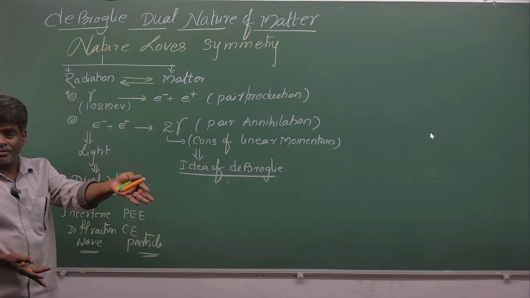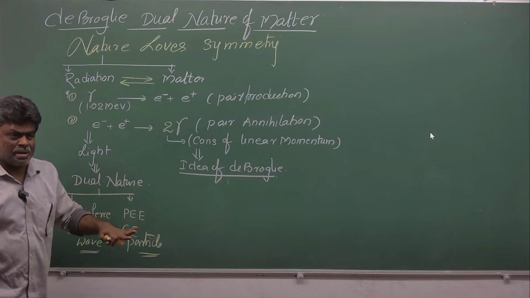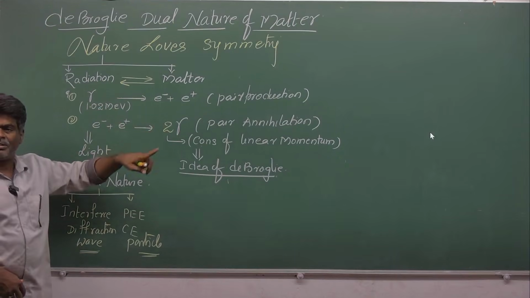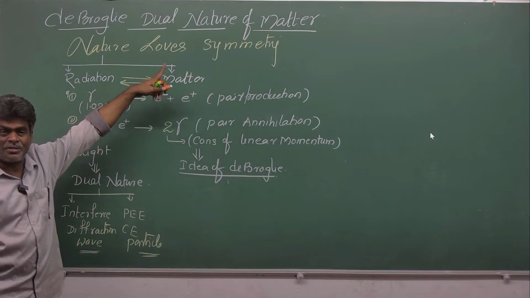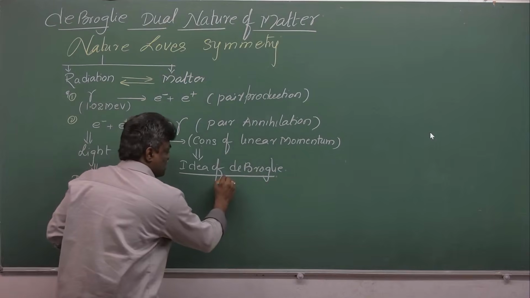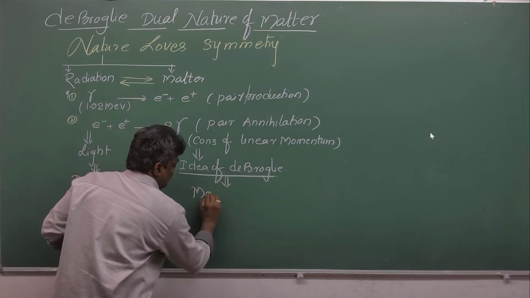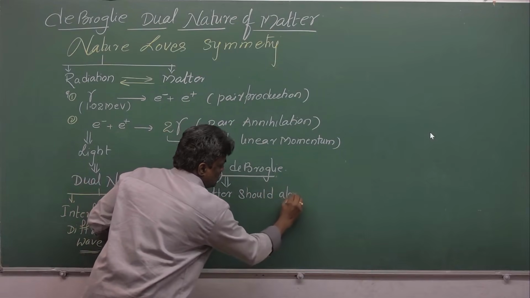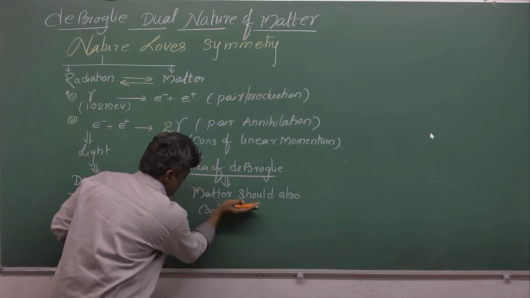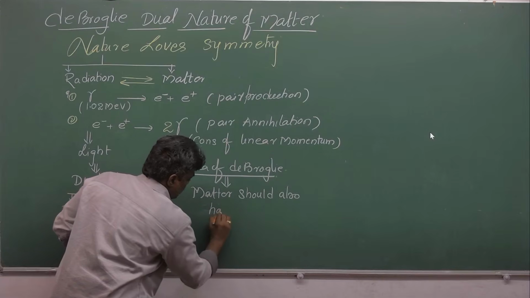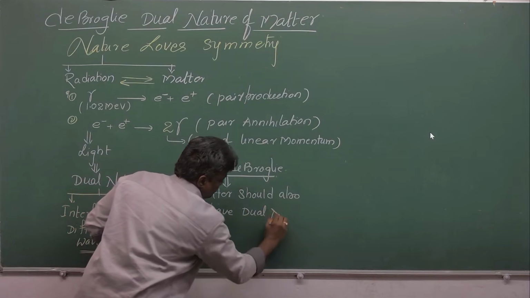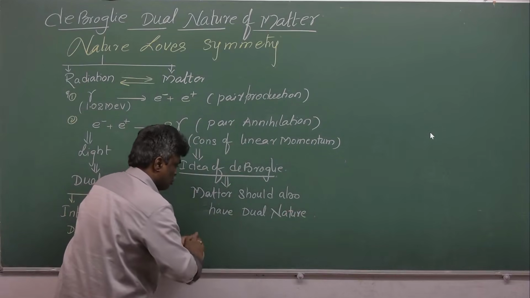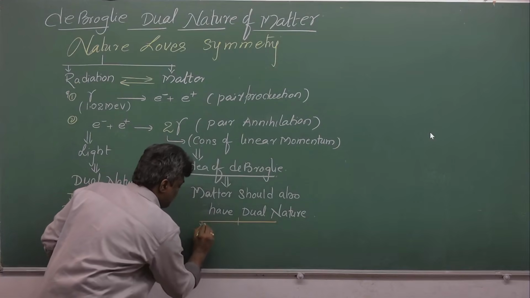Nature loves symmetry, you confirmed that. These are the only two things. If one thing is satisfying, then the other thing also must be satisfied, otherwise symmetry does not exist. So this was the idea: matter should also have dual nature.